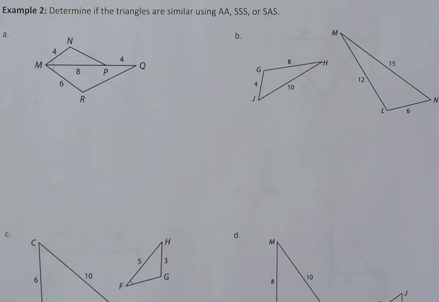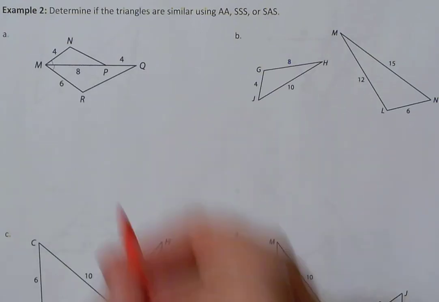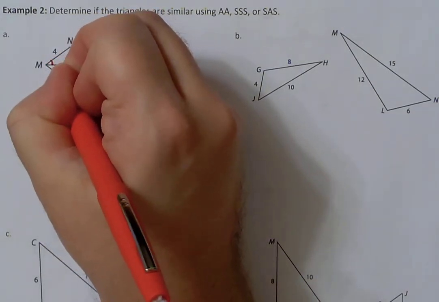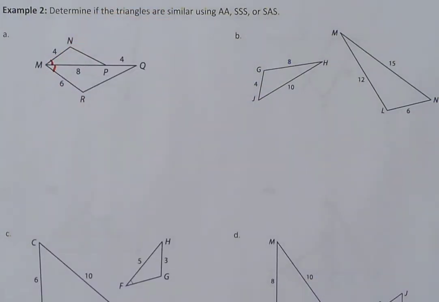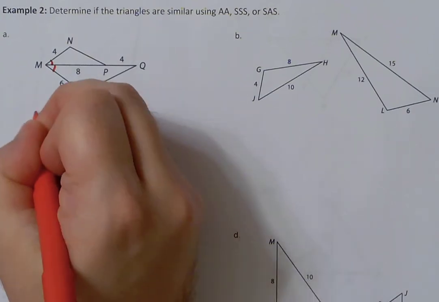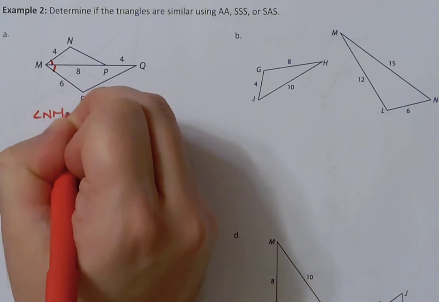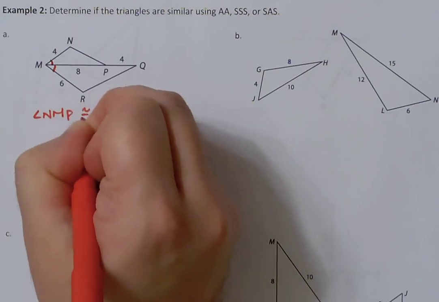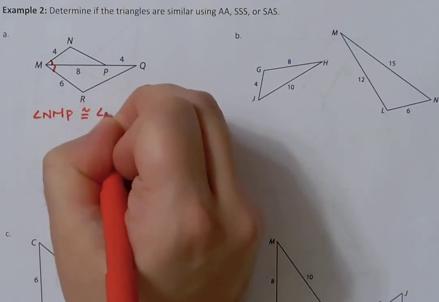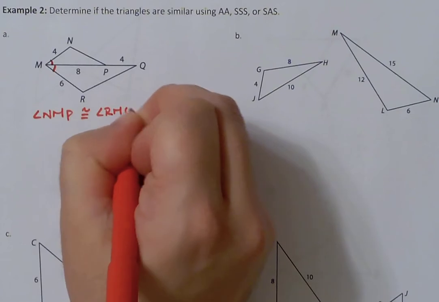So first of all, for A, looking at our diagram of triangles MNP and MRQ, they tell us that angle NMP is congruent to angle RMQ.